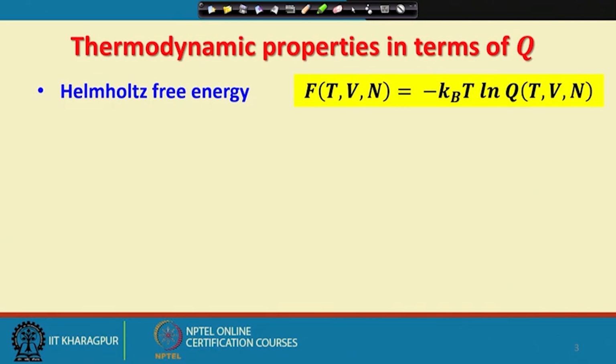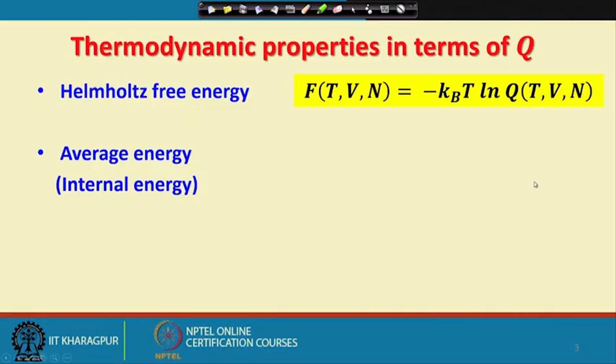Now, let us think about another thermodynamic property like the internal energy. If I want to find out the internal energy, I have made it very clear by now that the internal energy is nothing but the average energy in this canonical ensemble. So, how do I find out the average energy?